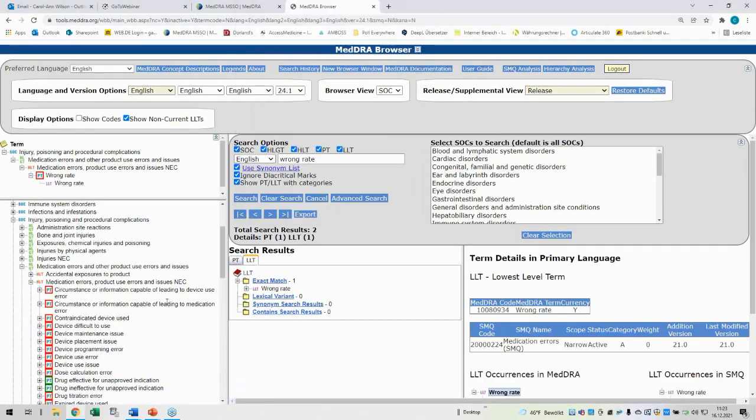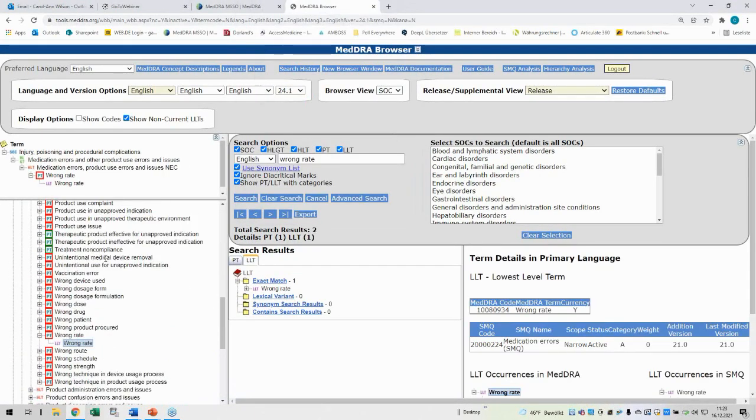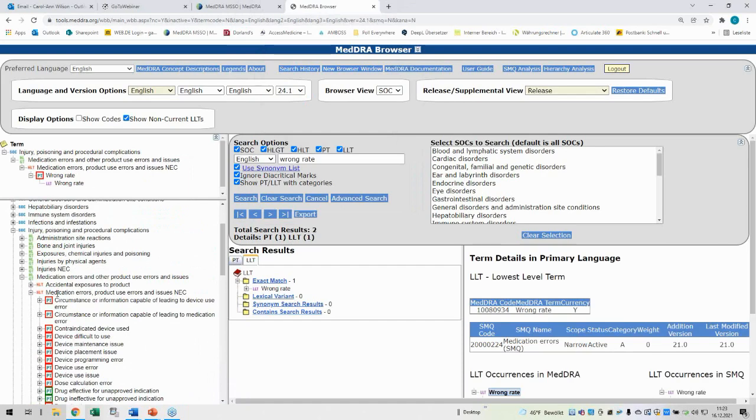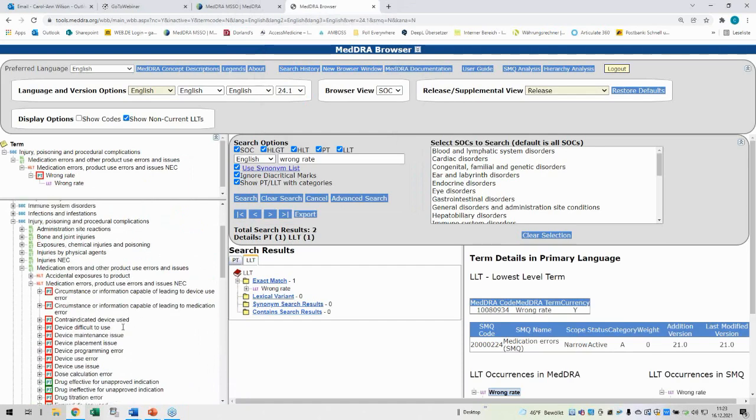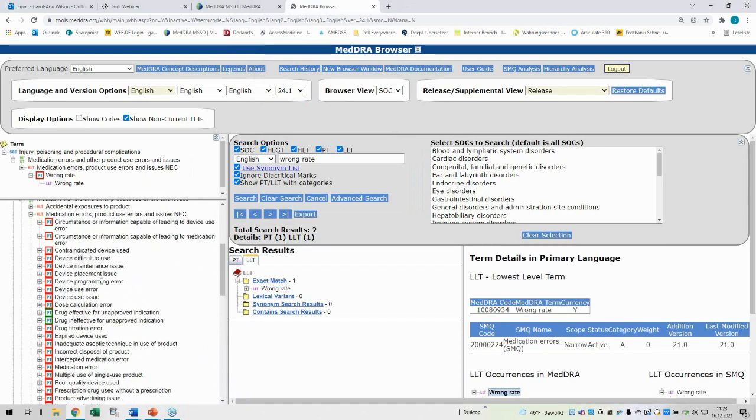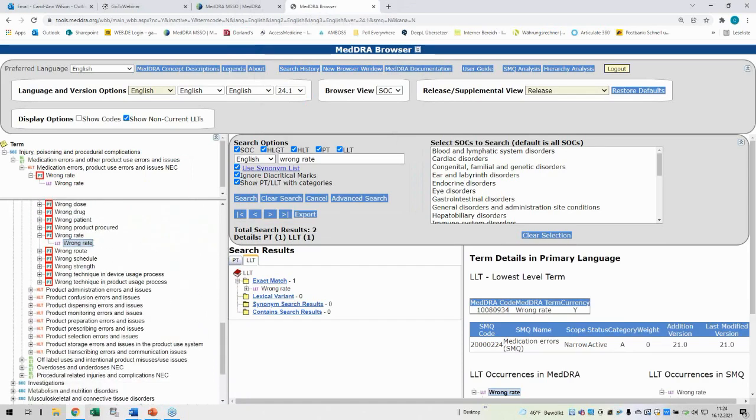It's in the injury SOC under the not elsewhere classified HLT, under medication errors and other product use errors and issues. Here it is, and here we have the wrong rate. We would have to combine it with drug administration error. Then we would capture both the fact that it was an administration error, and the specifics of the error. Then we have drug administration rate too fast.